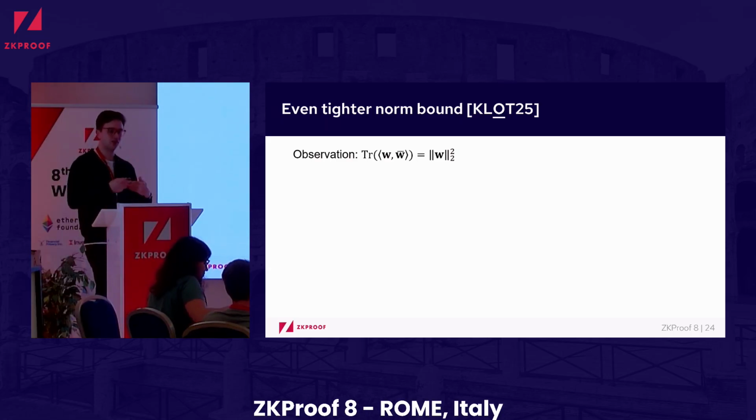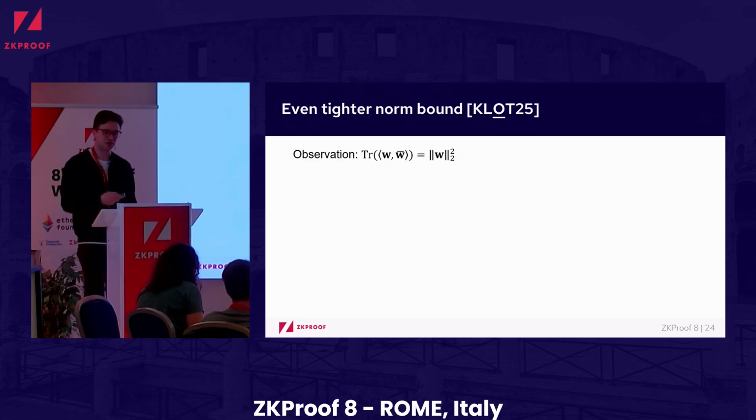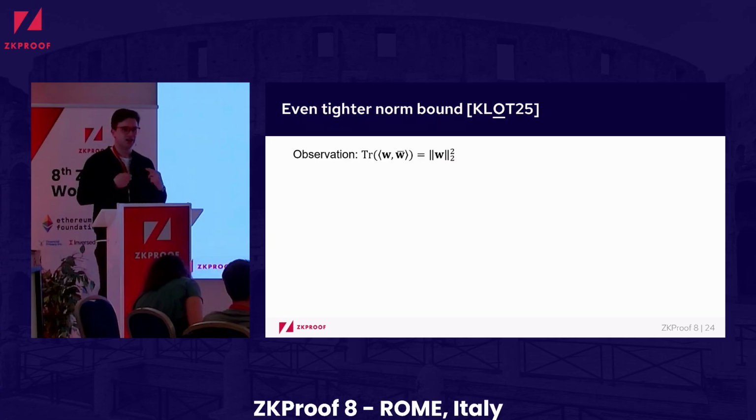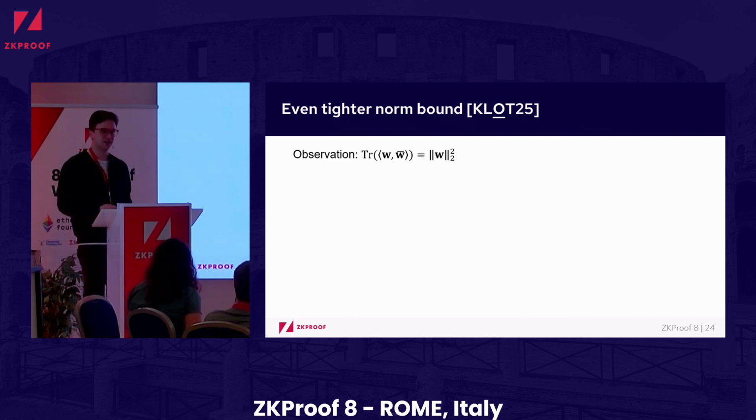witness is more or less short due to this Johnson-Lindenstrauss argument, we can further argue about the inner product of the witness. If we take a witness and the conjugation of the witness, we observe that the algebraic trace, or in the case of power of 2 cyclotomics simply the constant term, holds exactly the squared 2-norm.